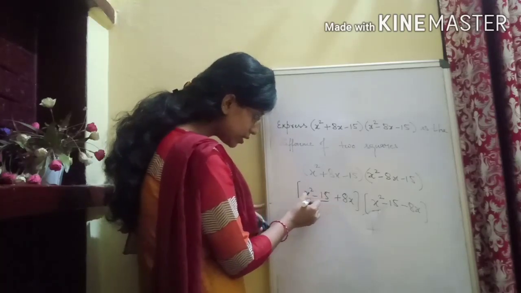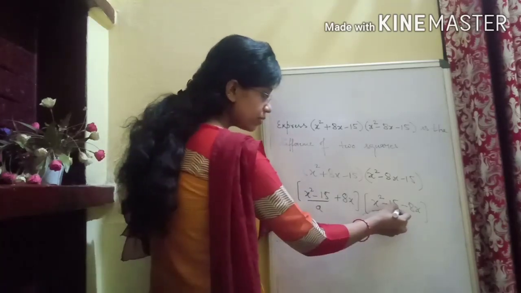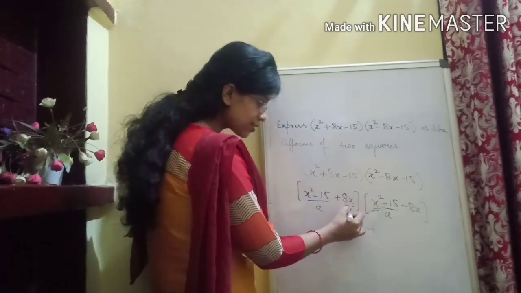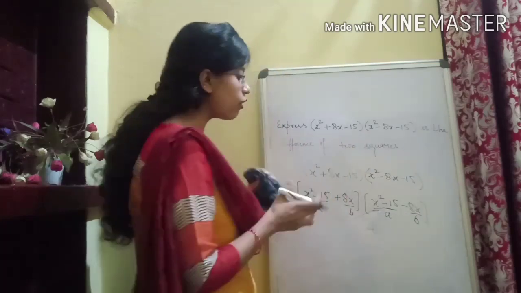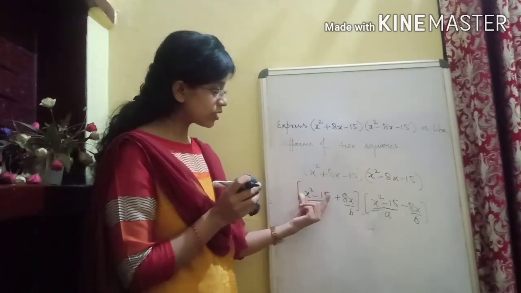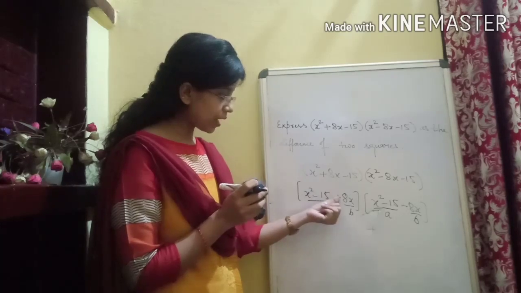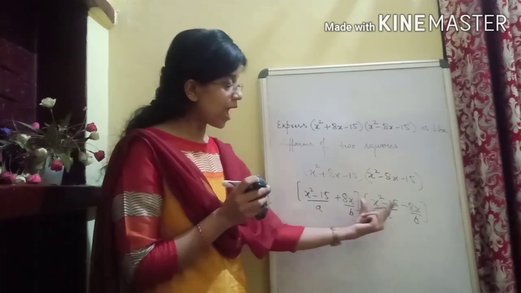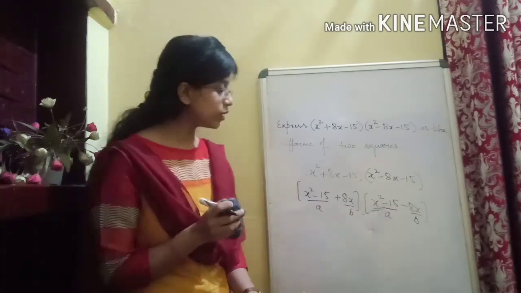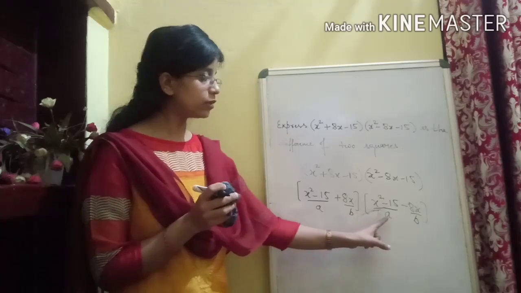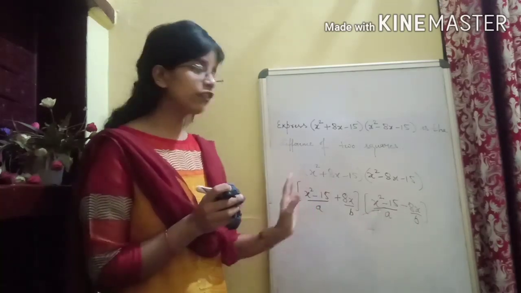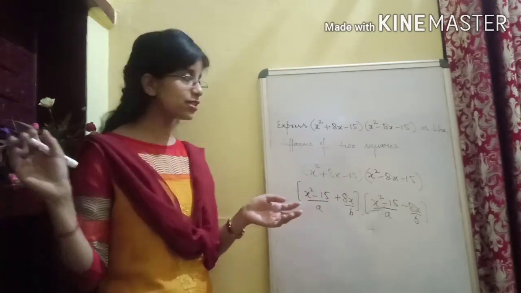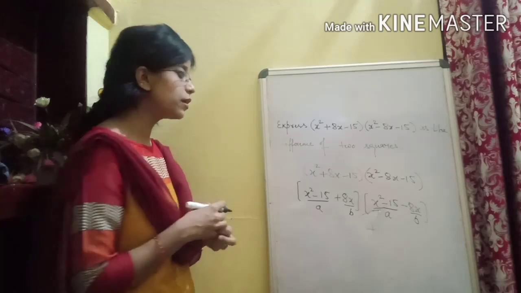So what if we take this term as A and this A again, and this 8x as B, here 8x as B. So now when you consider this, this is nothing but A plus B, because the expressions are the same, and here again A minus B. So in one bracket it is A plus B, in another bracket it is A minus B. According to the identity it should be equal to A square minus B square.